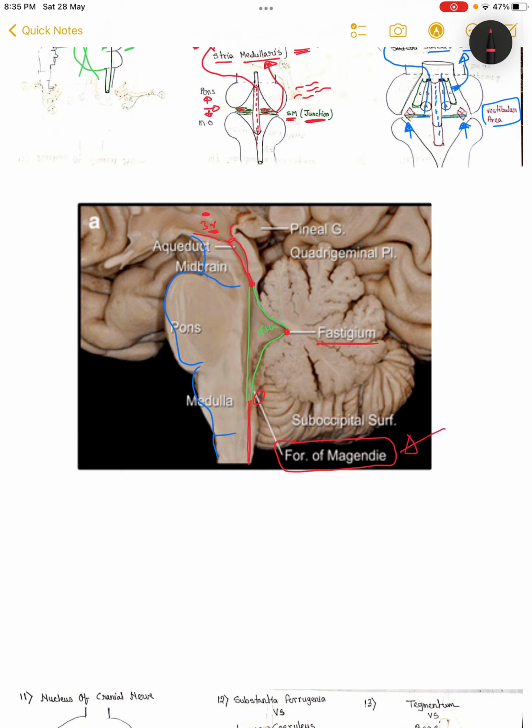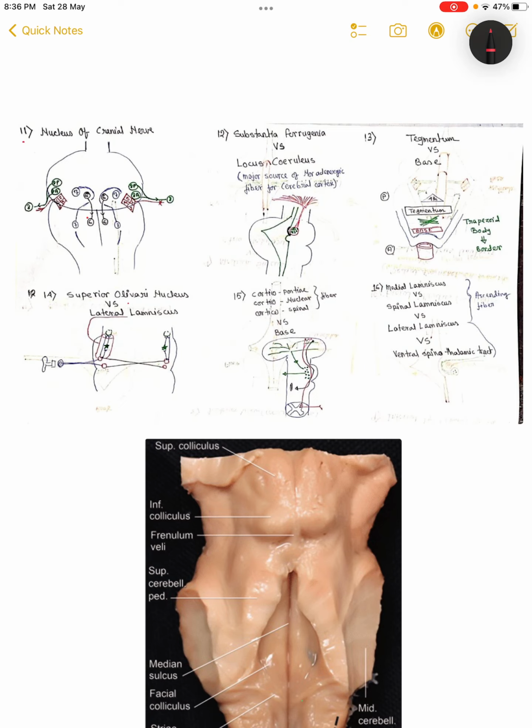So now let's move forward, and here we are going to find some points again. Let's focus on structure 11, the nuclei of the cranial nerves. You guys already have this idea. The abducens nerve nucleus and facial nerve nucleus make the genu and facial colliculus, then give a turn.